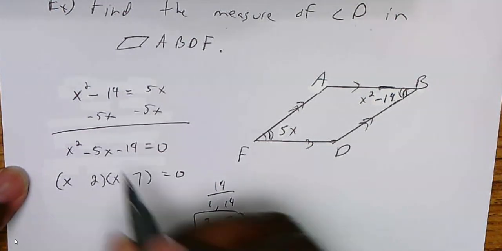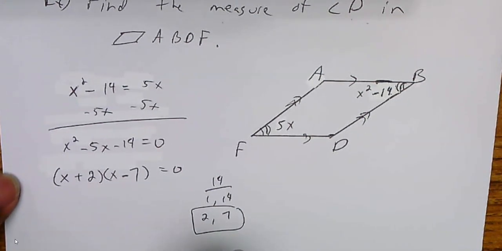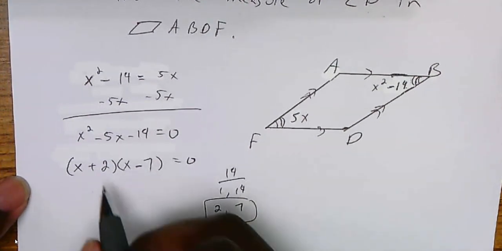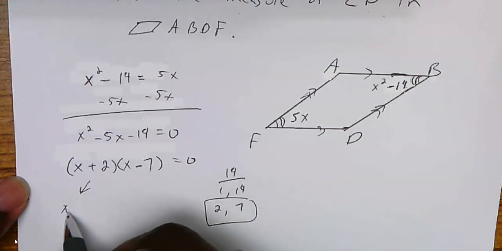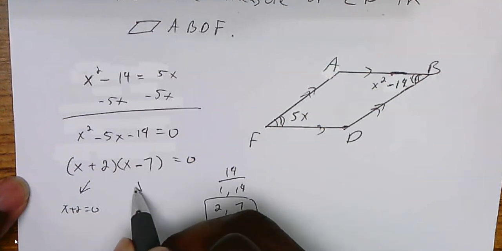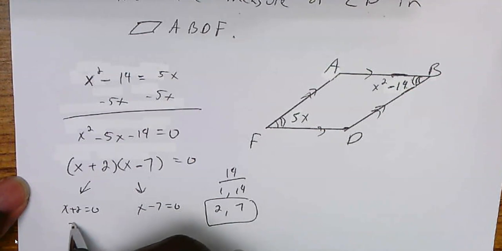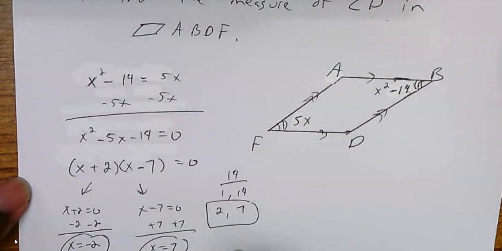To make them become a negative 5, the 7 needs to be negative, and 2 needs to be positive. So my factors are x plus 2, x subtract 7. If you remember factoring, to find the solutions, you set each factor equal to 0. So I would set x plus 2 equals 0, x subtract 7 equals 0. So one solution is x equals negative 2, and another solution is x equals 7.